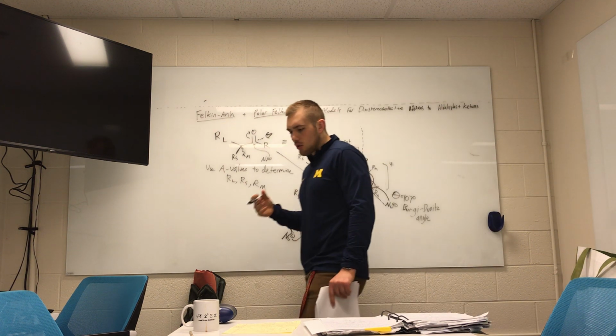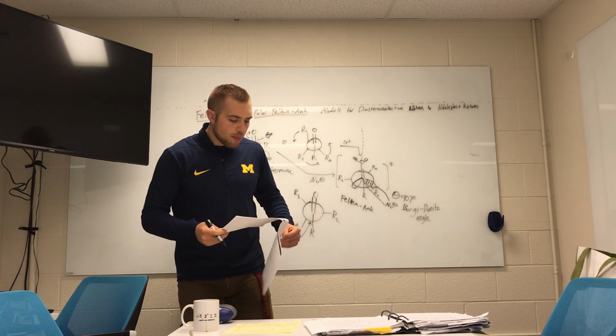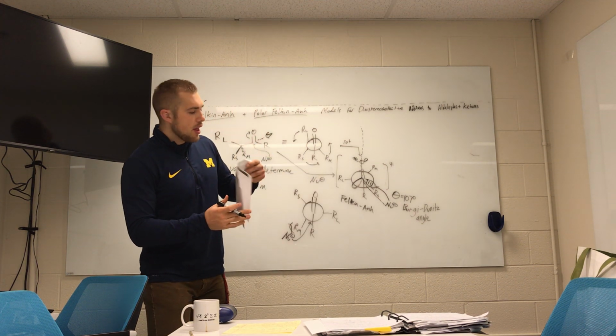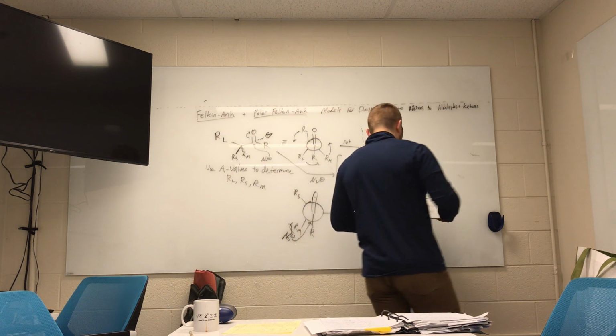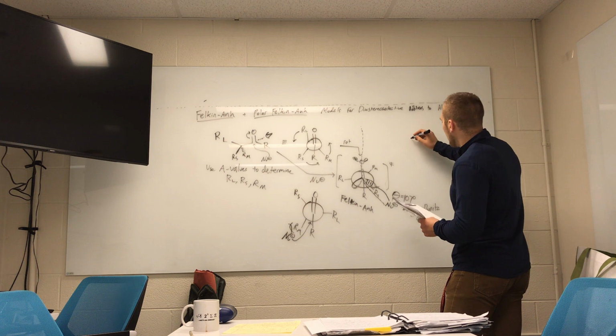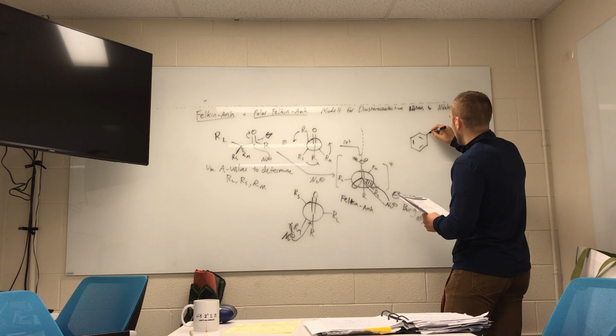And just as a historical point, the way that the Bürgi-Dunitz angle was discovered is if we go back to 1973, Bürgi and Dunitz were looking at crystal structures of certain natural products like this.